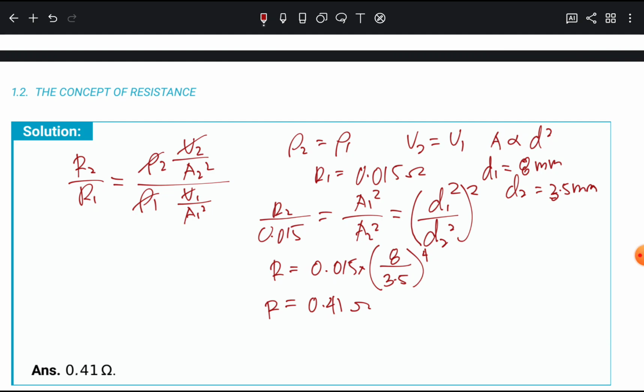If I double check that again, 0.015 times 8 divided by 3.5 raised to 4. So the answer is 0.409 or 0.41 ohms. So that's correct. It's 0.41 ohms.